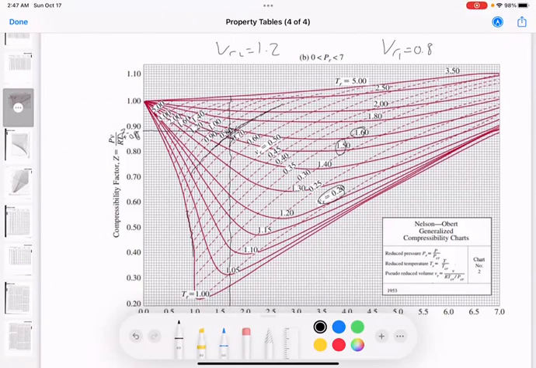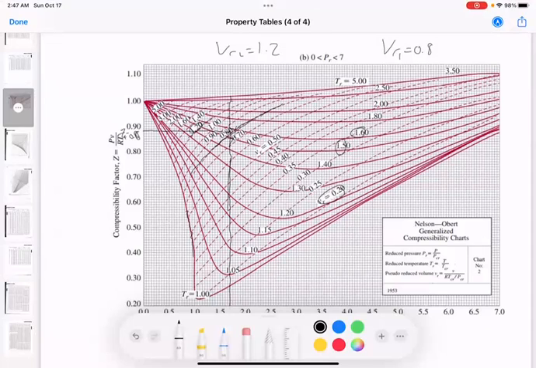Now we know two things. We know the reduced specific volume at the second state, and we also know the reduced pressure at the second state, because it's the same as the initial reduced pressure; in a piston cylinder, the pressure is constant. So we're staying on this same black vertical line, but we're going to move to where this crosses the 1.2 specific volume line.